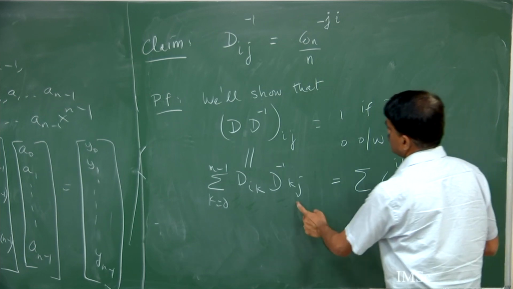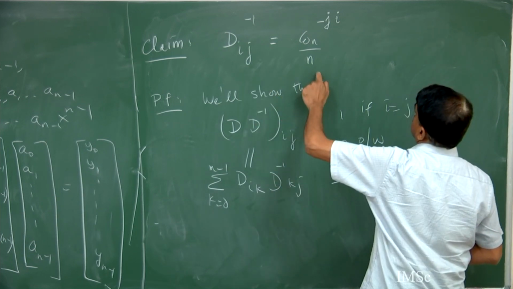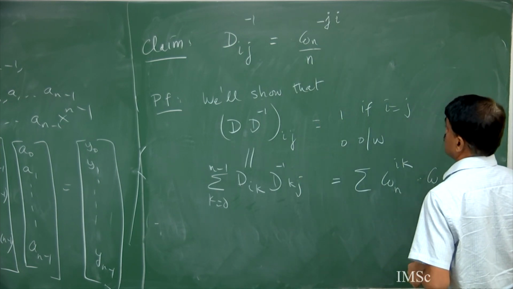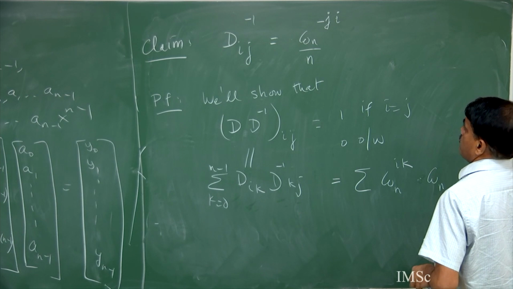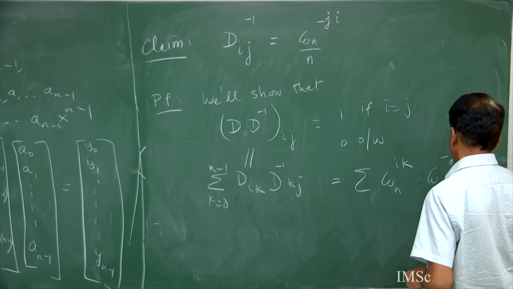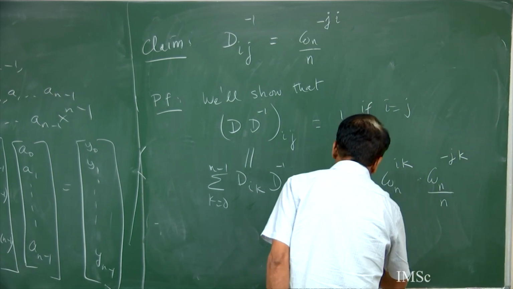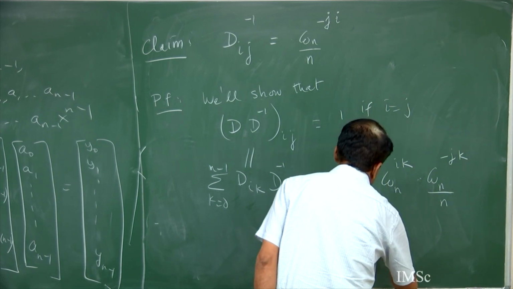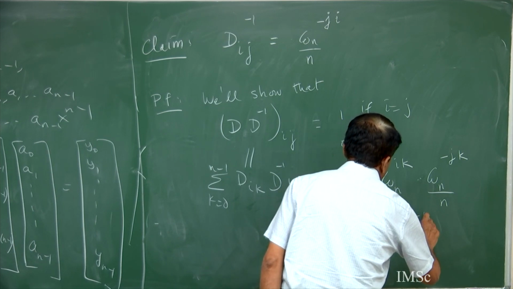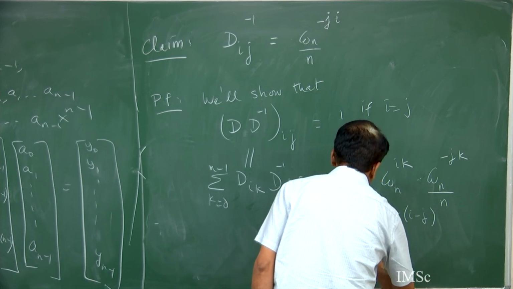And the inverse kj, I have written down here, it's omega n power minus kj, divided by n. This is equal to 1 by n into summation of omega n power k into i minus j, where k goes from 0 to n minus 1.